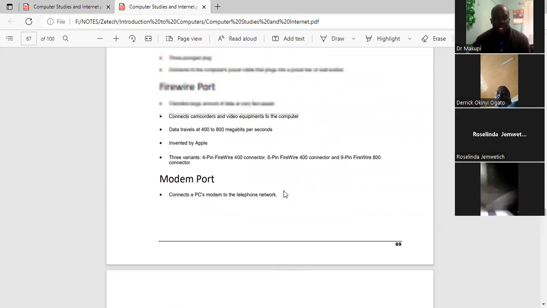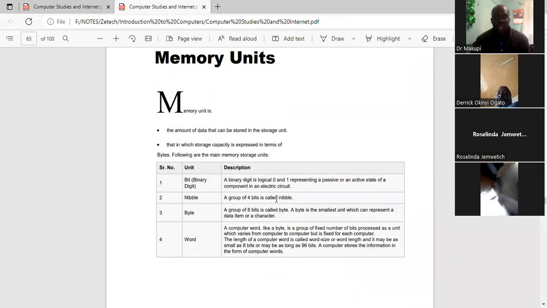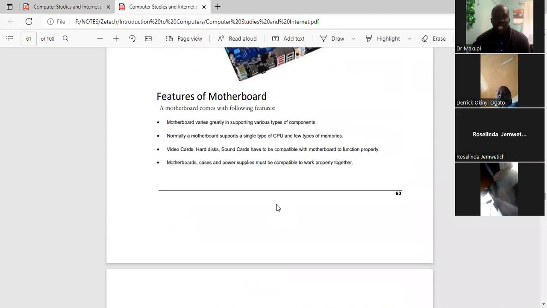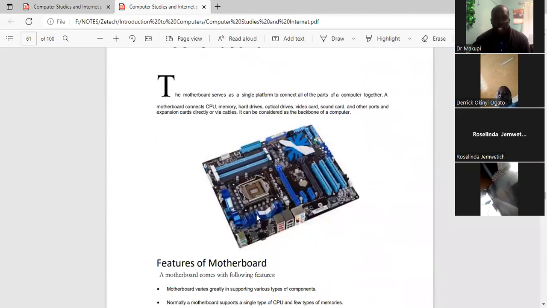So the motherboard is a single docking point where all the components of a computer get attached, so that we have a diagrammatic representation like that. This is the computer motherboard in that regard. So inside the CPU, we have something known as a motherboard.